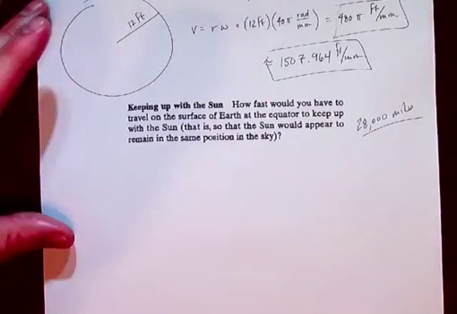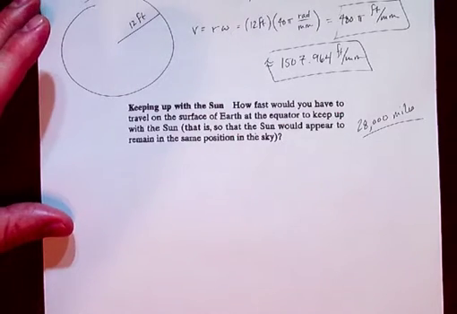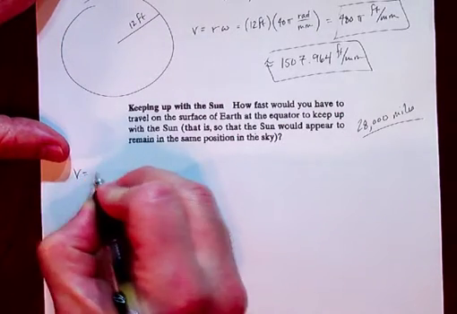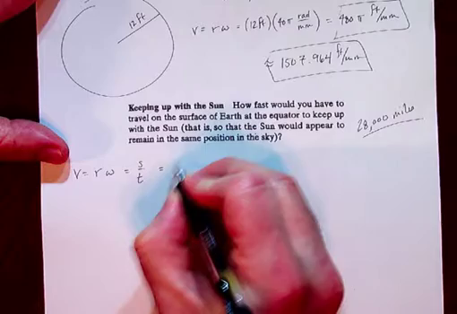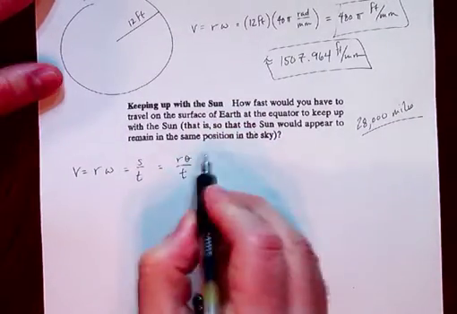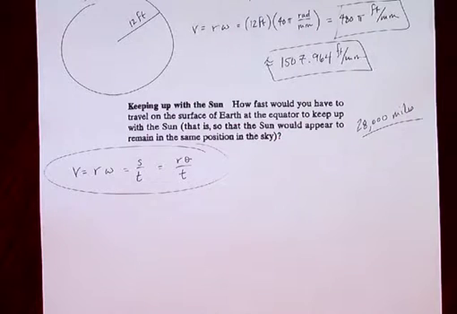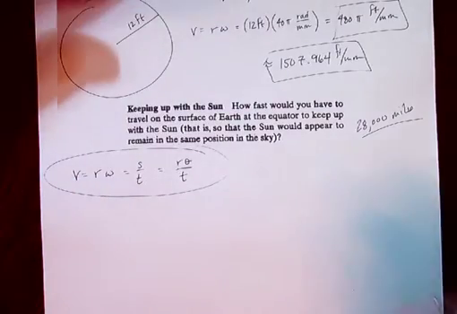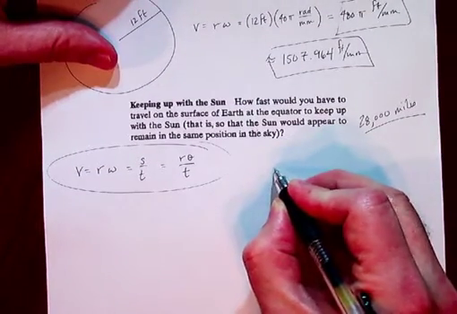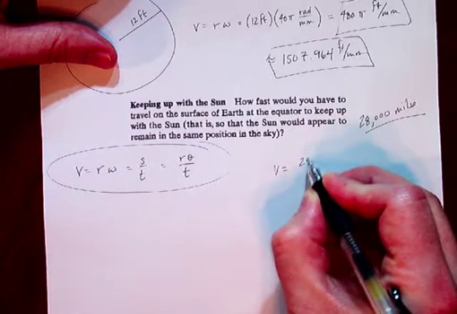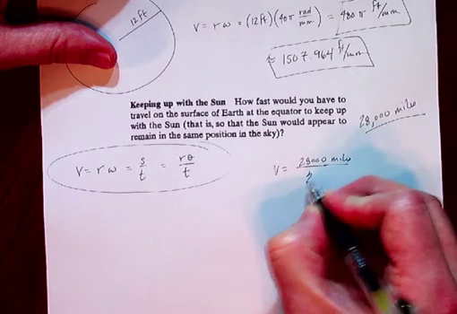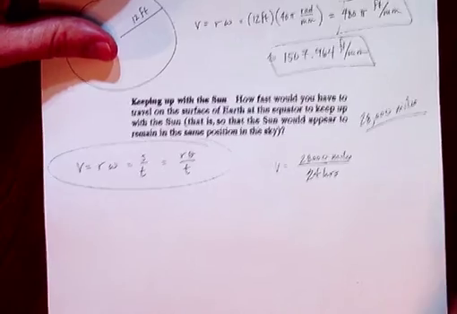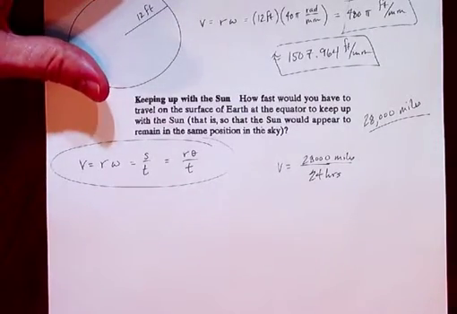But I think it's important not only to remember the fact that V is equal to R omega, but that it's also equal to S over T, and it's equal to R theta over T. All three of these are legitimate ways that you could be given the information and asked to discern the value for V. In this particular case, it winds up being really straightforward, and we have V is equal to 28,000 miles over 24 hours, and therefore it's going to be a little over 1,000 miles, right?